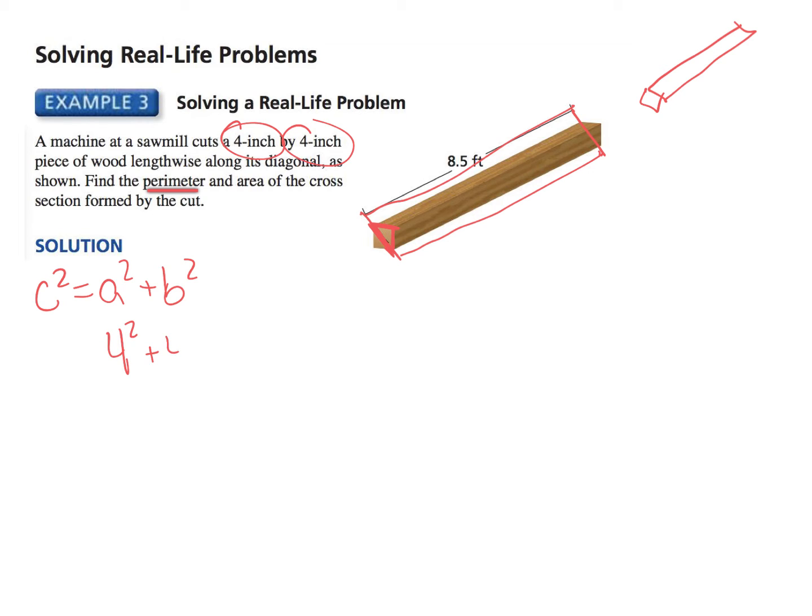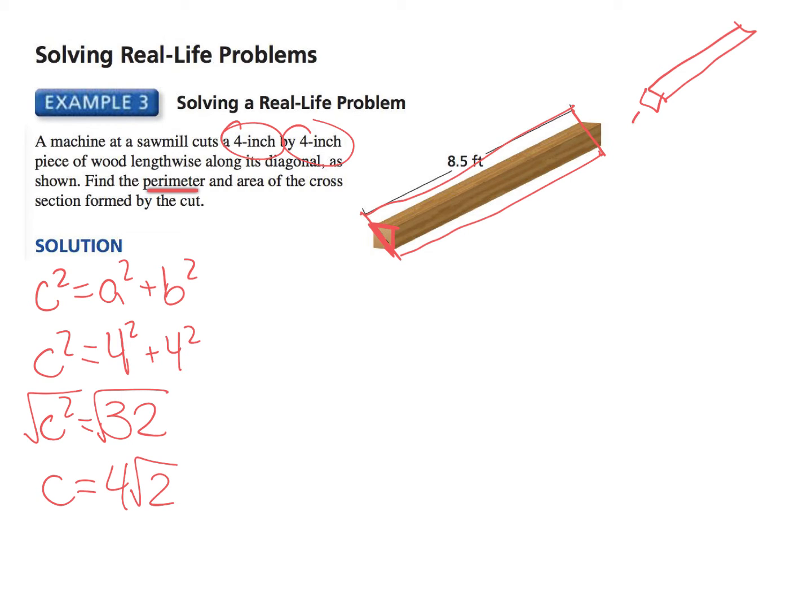So 4 squared and 4 squared equals c squared. C squared equals 16 plus 16, that's the square root of 32. And that gives us, when we break it apart, c equals 4 root 2. Okay, that right there is our side.